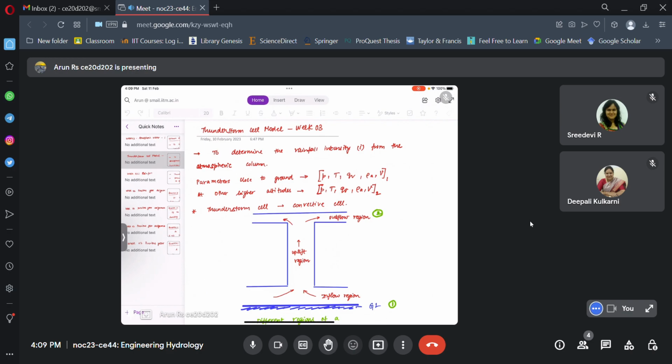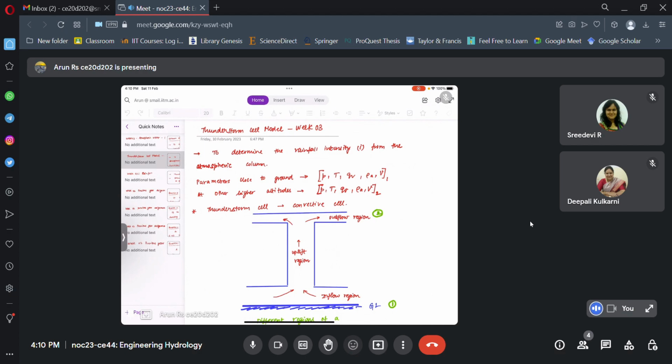Because of the heat, the less dense air rises up, and while rising it condenses and forms convective precipitation.